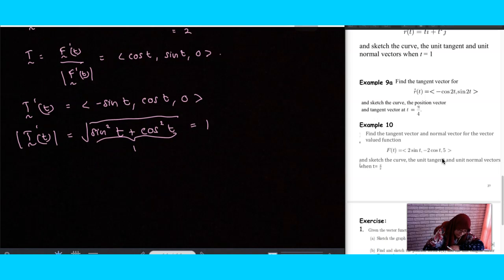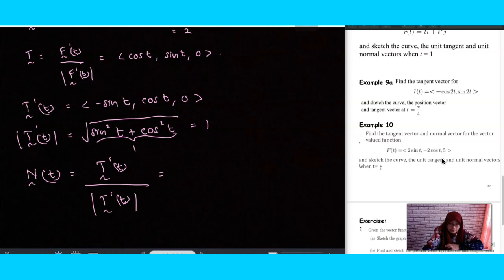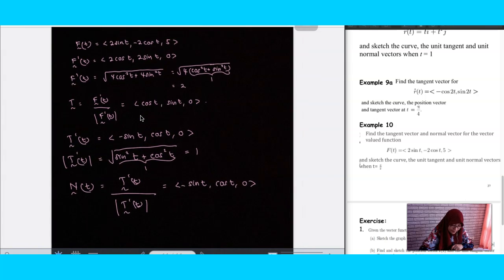So then compute for N. The formula is T prime divided by its magnitude. Okay, so this one divided by 1, then we obtain negative sin t, cos t, 0. Okay, so we got everything, but then you need to evaluate them.